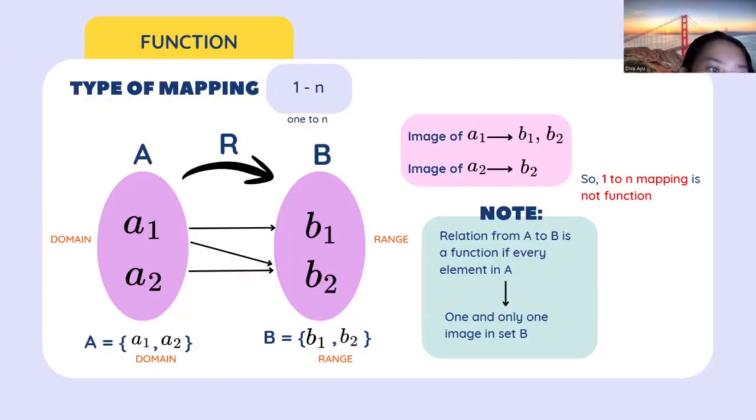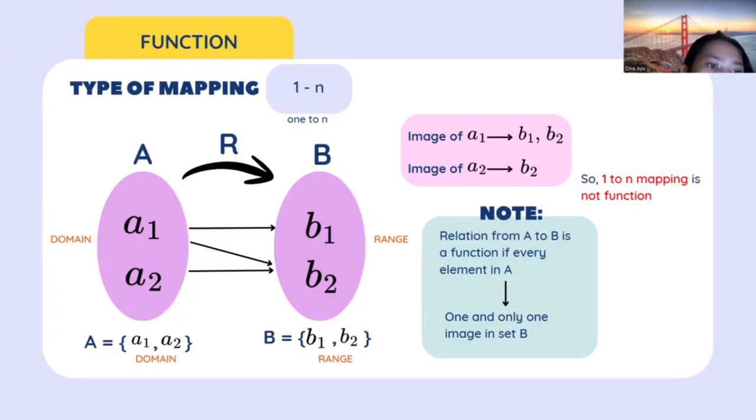Now let's look at the second type of mapping, which is one-to-many mapping. We can say that the relation from set A to set B has a one-to-many mapping when an element in the domain has more than one image in the range. Look at this: A1 has two images, B1 and B2, and A2 has image B2.